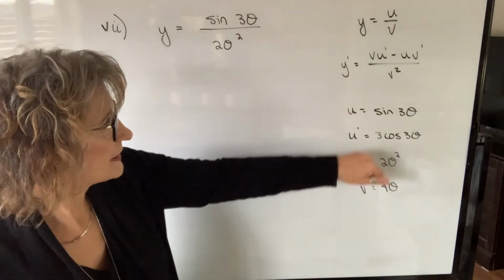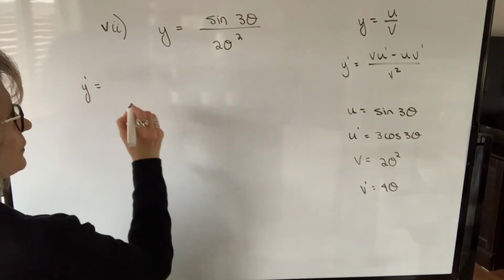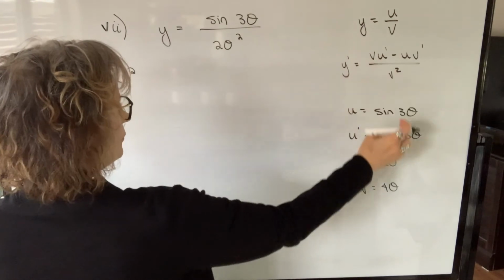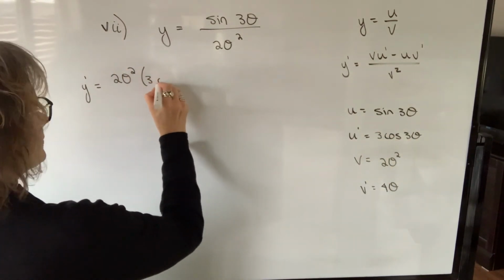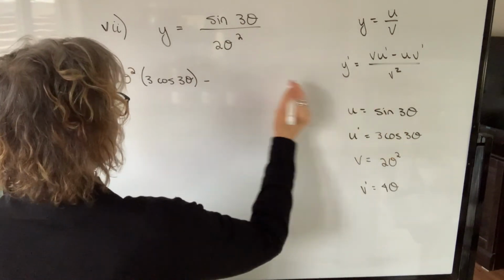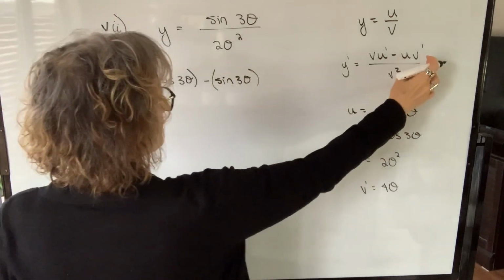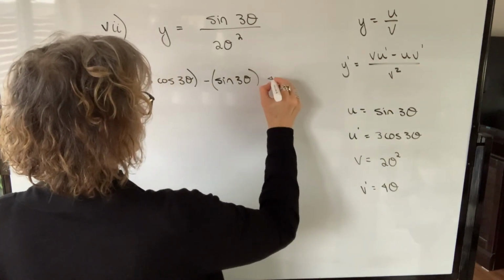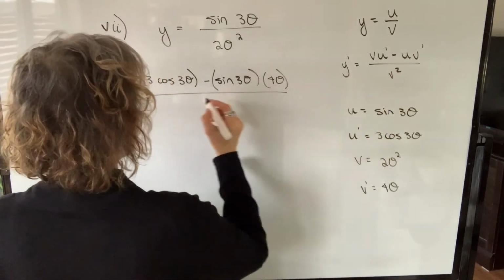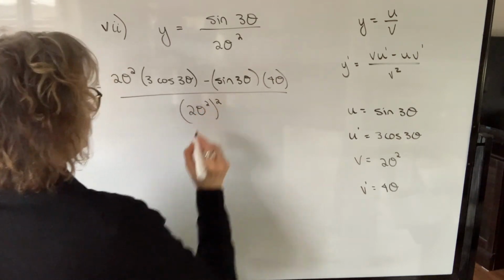We plug all of these things into our formula. So v is 2 theta squared times u prime, which is 3 times cos 3 theta, minus u, which is sine 3 theta, times v prime, which is 4 theta, all over the denominator squared, v squared, so 2 theta squared, squared.